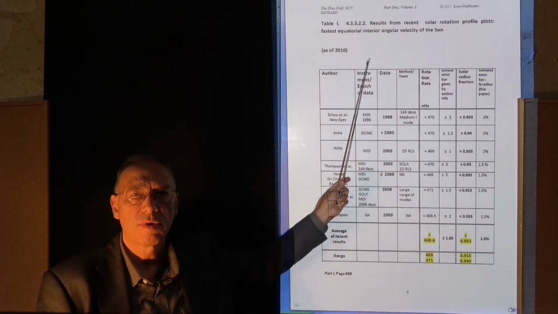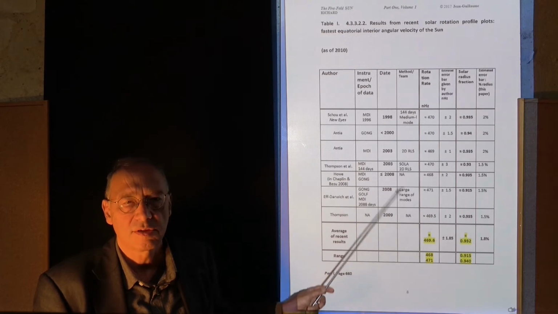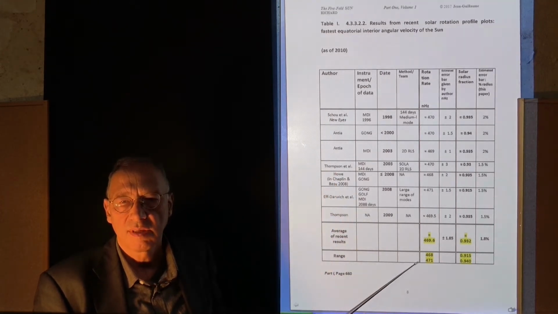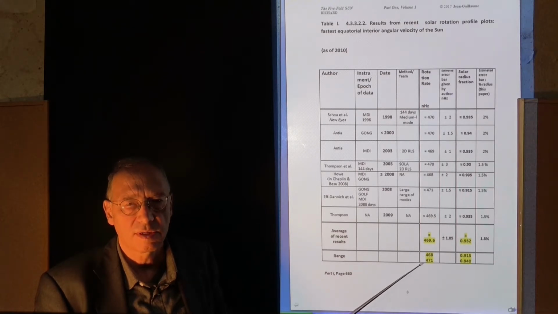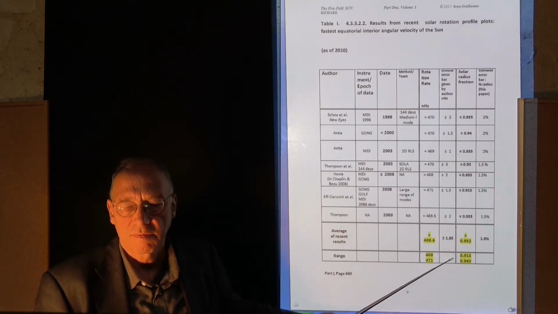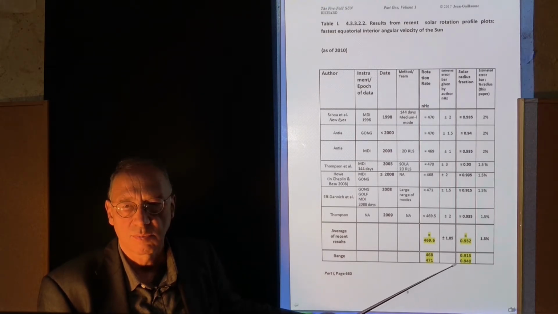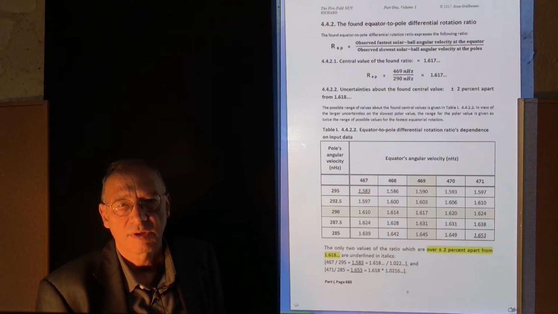In this table, you see results from recent determinations as of 2010, in which you see that the range of helioseismological findings was from 468 to 471 nanohertz, at depth from 0.915 radius fraction to 0.94 radius fraction.